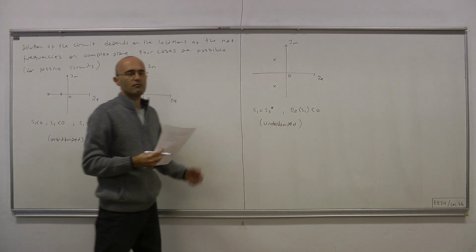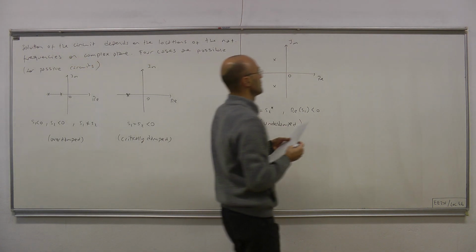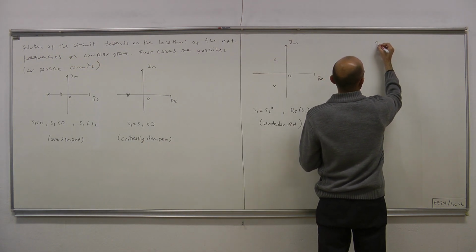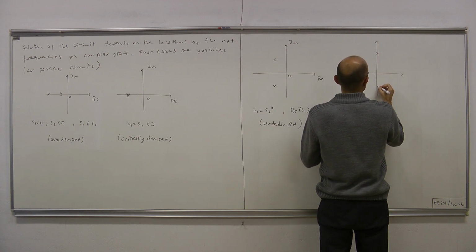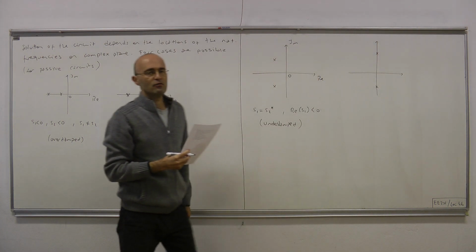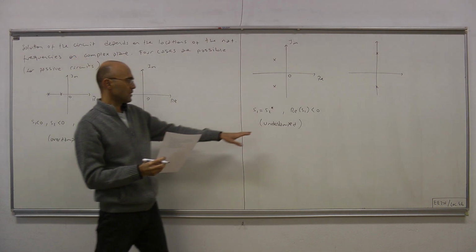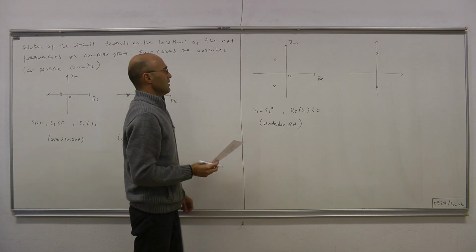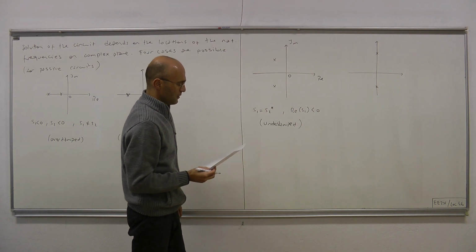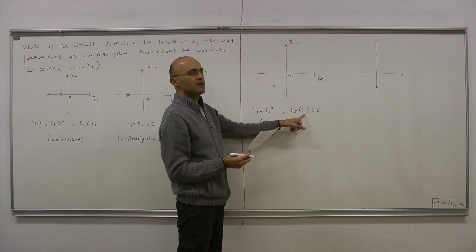Okay. And in the extreme, we have the following case where it's a special case of, in a sense, underdamped, but it has a different name, where the real part is 0.